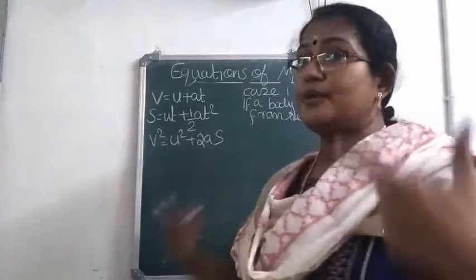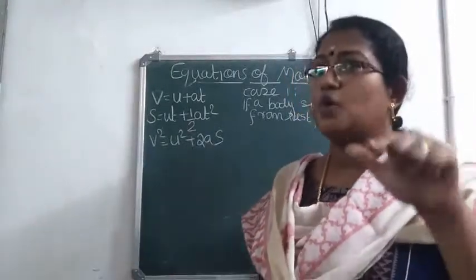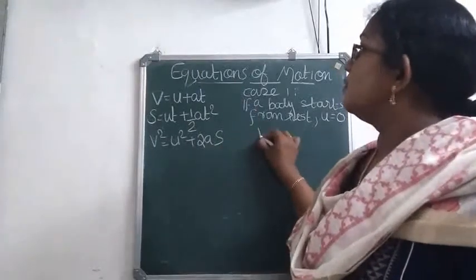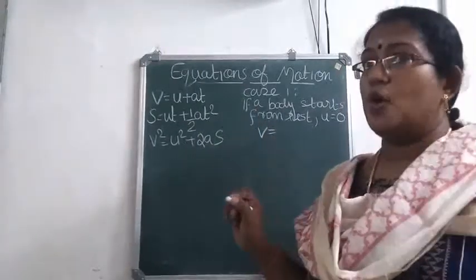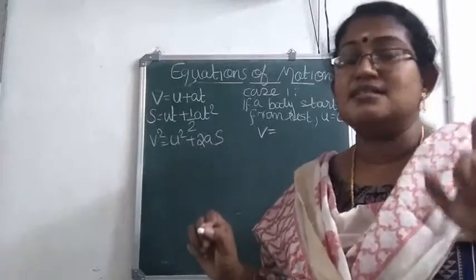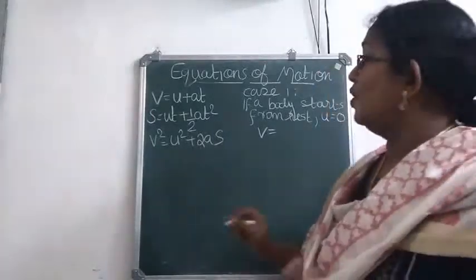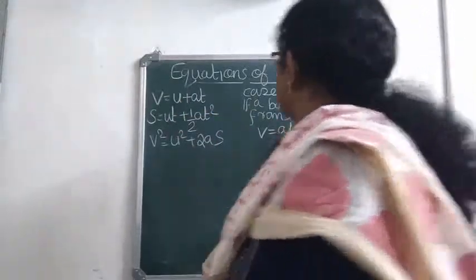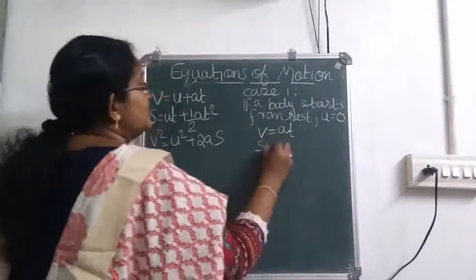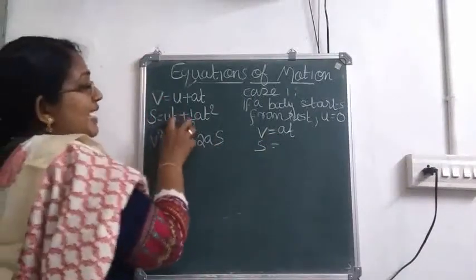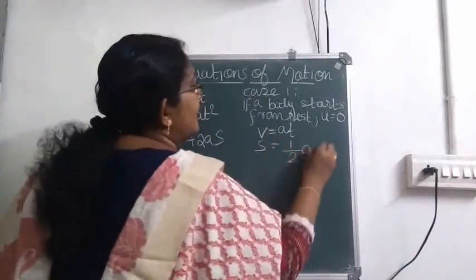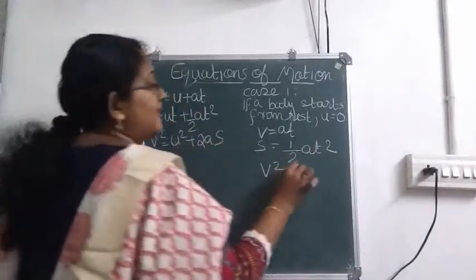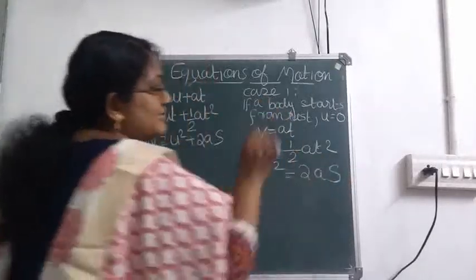If it starts from rest means initial velocity of the body will be 0, isn't it? So, how can we rewrite this equation? v will be, u will be 0, v is equal to at. s is equal to, u is 0, so this entire term will go and you will be getting half at square. And v square is equal to, this will become 0, 2as.